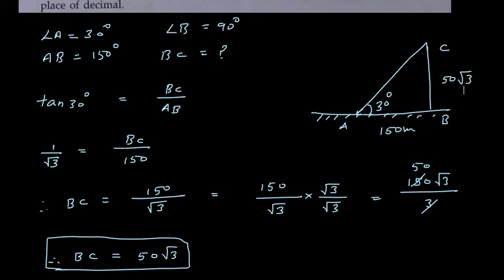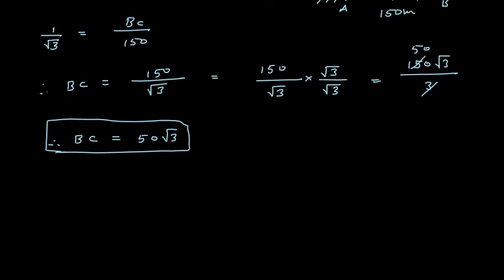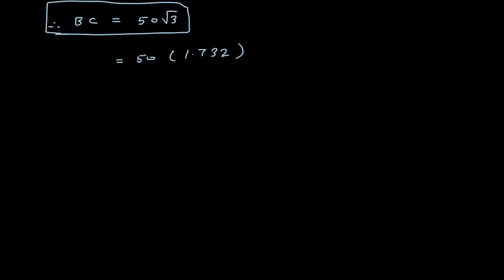This is 150. Now I have to convert it in decimal. So this is 50 into the value of root 3, which is 1.732, or you can say 1.73. Now when you multiply, it will be 50 into 1.732. You can write this as 5 into 17.32.